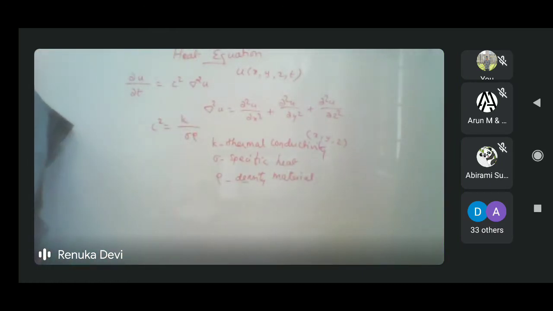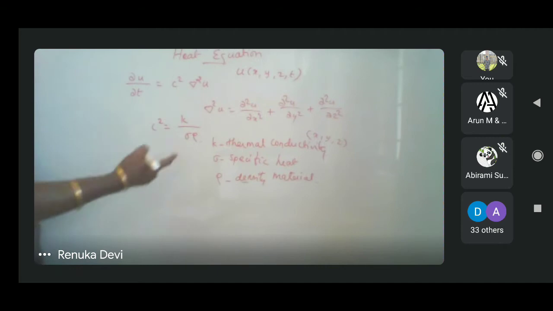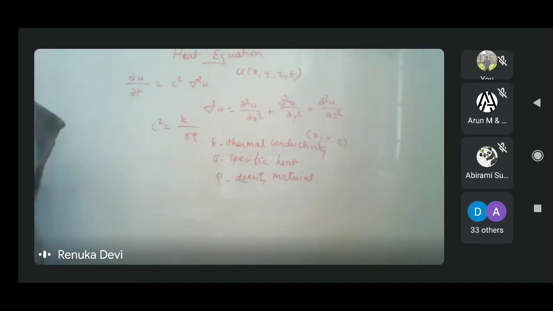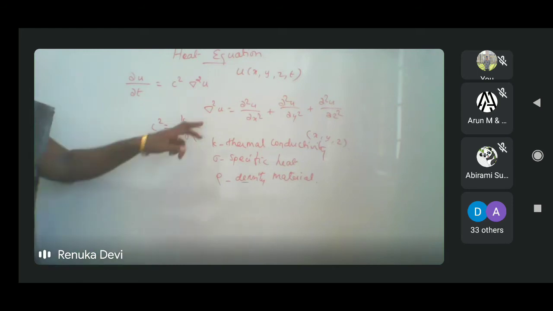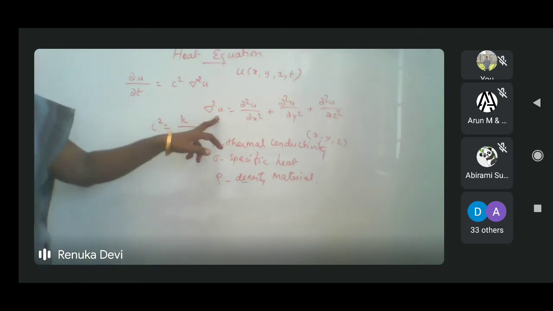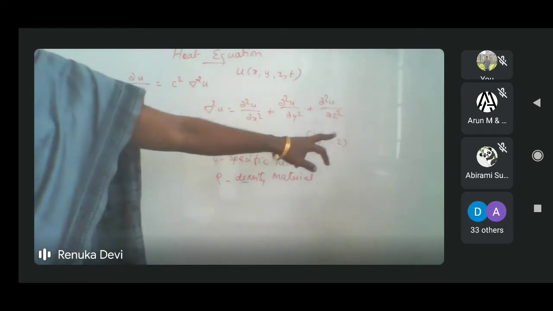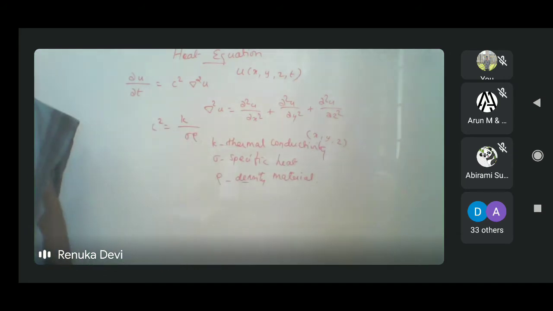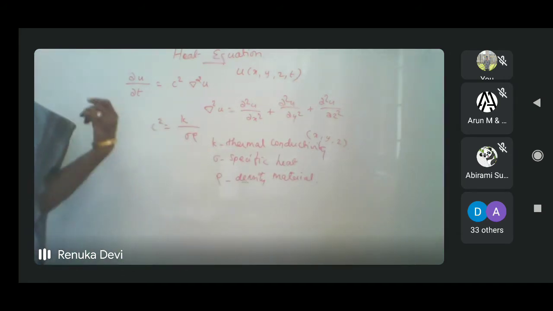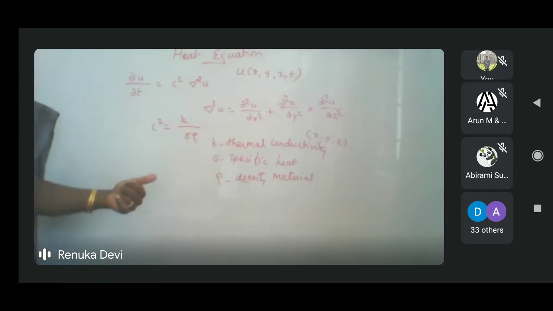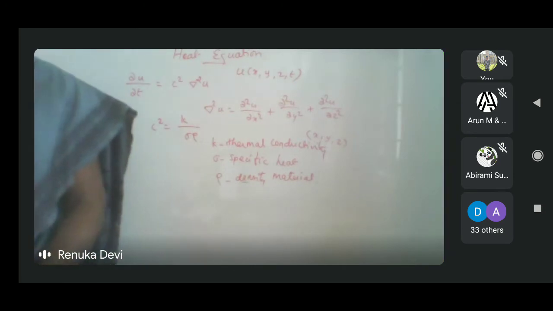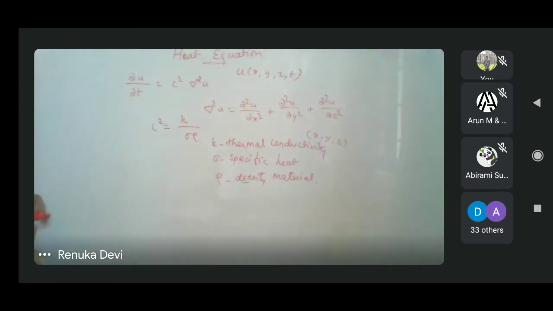Keep that in your mind. We have already written what ∇² is. This is called the Laplacian, given here in Cartesian coordinates x, y and z. The main application is the problem I have given, and how it has been solved.